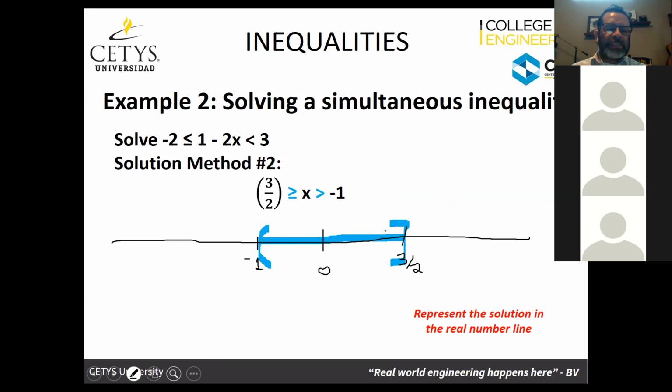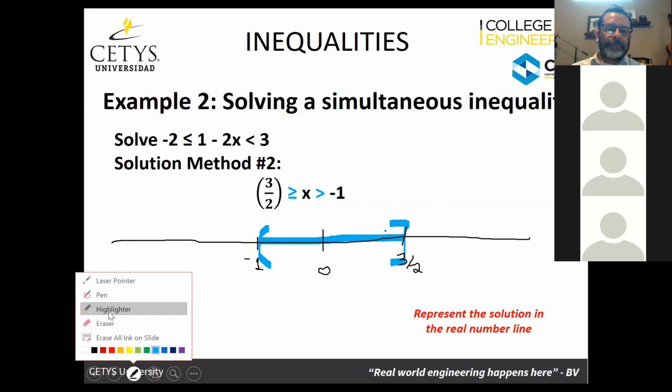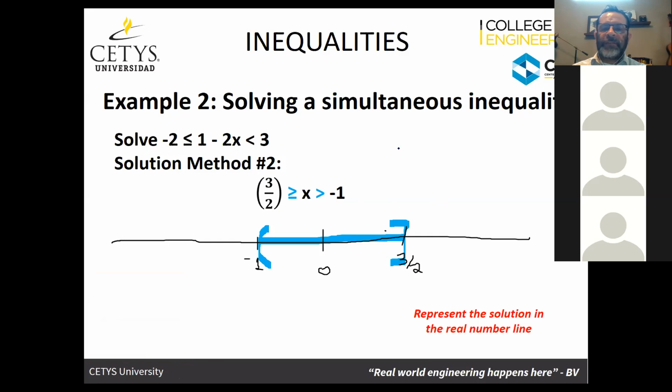So if we're going to represent this as an interval, this would be -1, comma, 3 halves. The -1 would have a parenthesis and the 3 halves would have a bracket. That's the way we represent this as an interval.